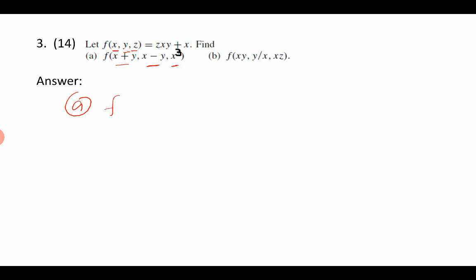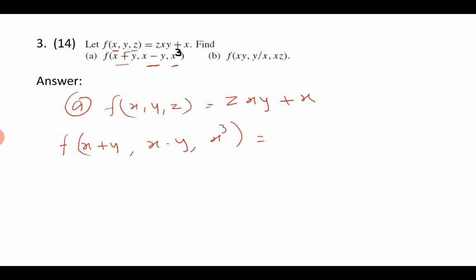We are given f(x, y, z) = zxy + x. So f(x + y, x - y, x³): z is replaced by x³, x by x + y, and y by x - y, plus x + y. Expand and simplify this one.